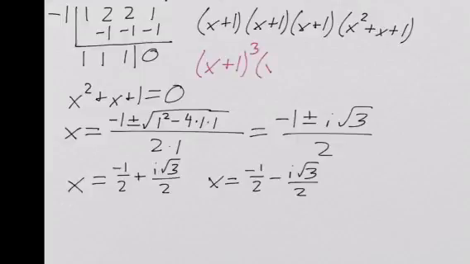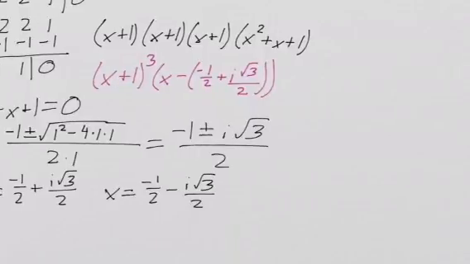Multiply that by x minus negative 1/2 plus i square root of 3 over 2, and x minus negative 1/2 minus i square root of 3 over 2.